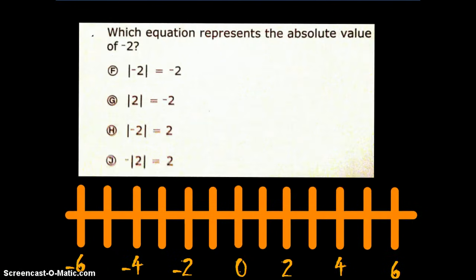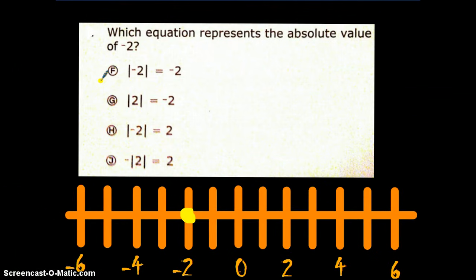Last question. Which equation represents the absolute value of negative 2? Let's look at our number line first. Here we have negative 2 on our number line. Remember that absolute value is always going to be positive because distance is always positive.